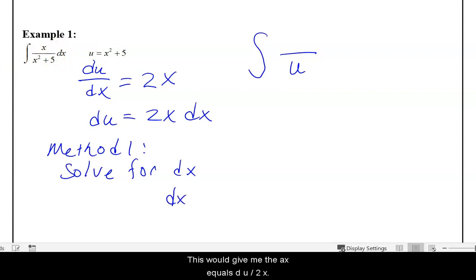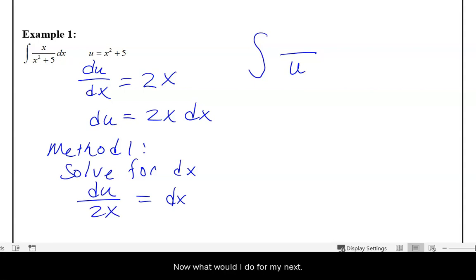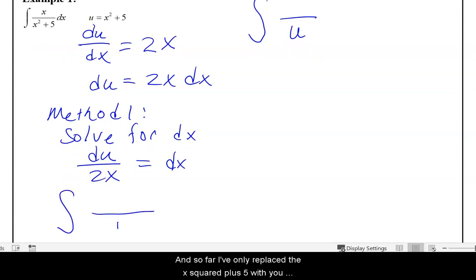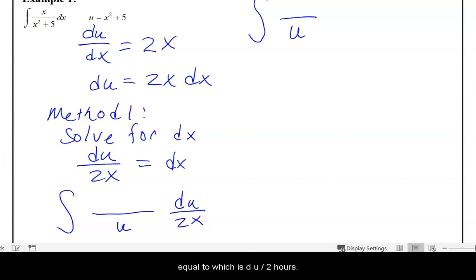This would give me dx equals du divided by 2x. Now, what would I do for my next step? For my next step, I would replace, and so far I've only replaced the x squared plus 5 with u. Now I would replace the differential dx with what it is equal to, which is du divided by 2x.